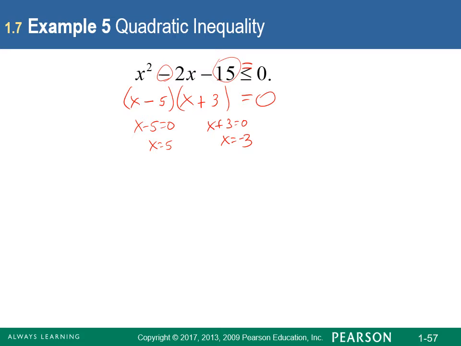So now is where it gets a little different. We're going to draw a number line, locate our two solutions, negative 3 and 5. Notice how this divides the number line into 3 separate pieces.